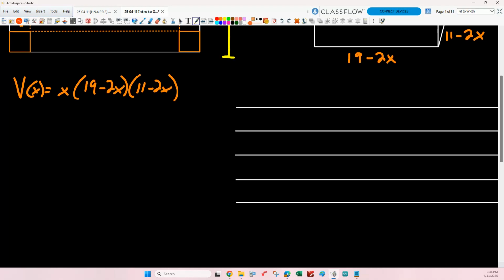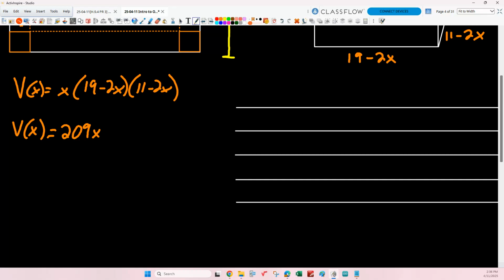Okay, so if we do that, we can just FOIL this out, and then when I distribute the x, it just raises all the powers of x by 1, right? So what do I get when I FOIL this out? Yeah, what's 19 times 11? 209, good. So I get 209. I'm going to end up with an x when I distribute. What's that?